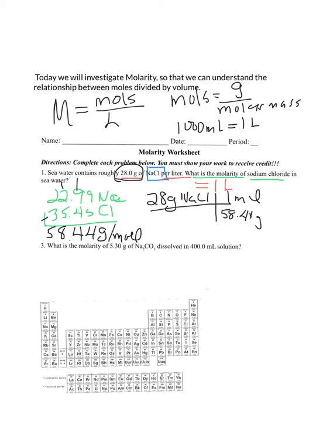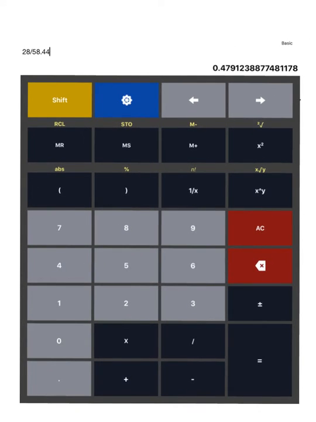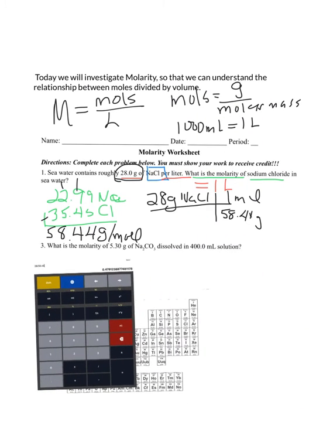All right, let's look at what our answer was. Here we go, big screen, pop. Looks like our answer, 28 divided by 58.44, should be rounded to the nearest hundredth. That means 2 places after the decimal, 0.48. So we have 0.48 moles.